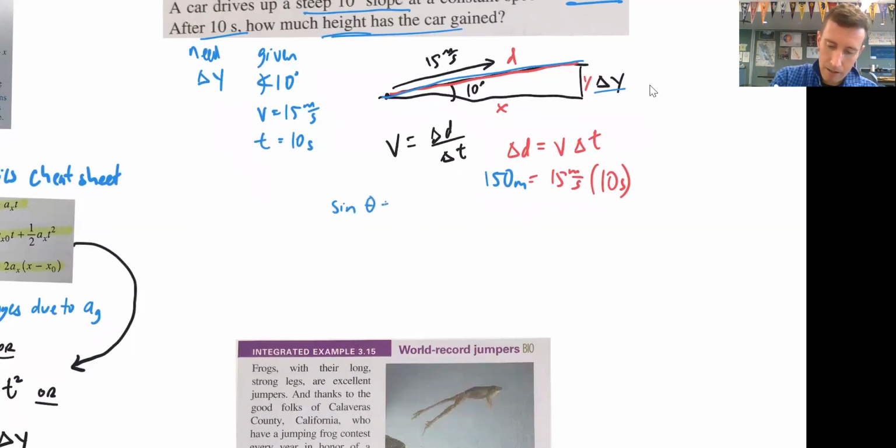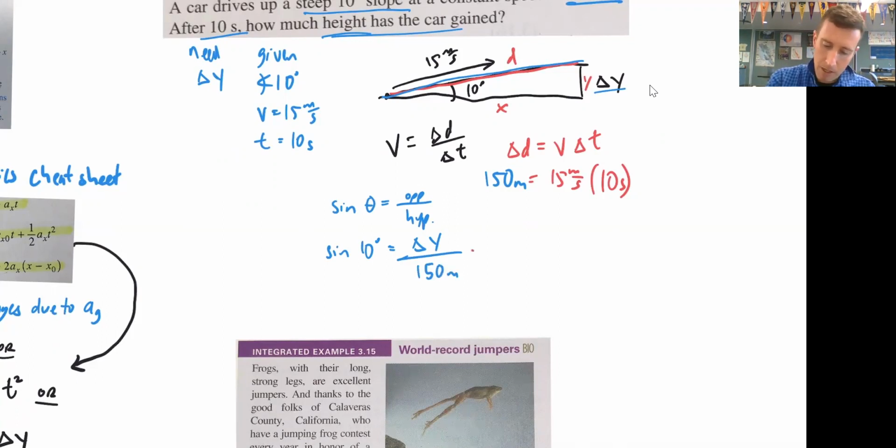Sine of theta equals opposite over hypotenuse. Sine of 10 degrees is the opposite, that's the delta y, over my hypotenuse, which was 150 meters.